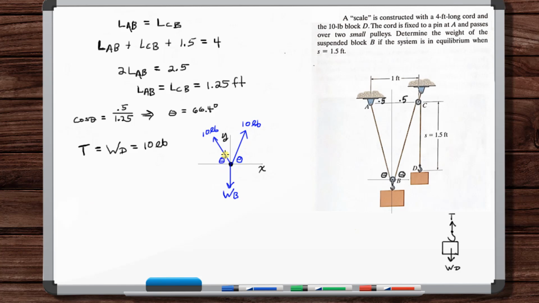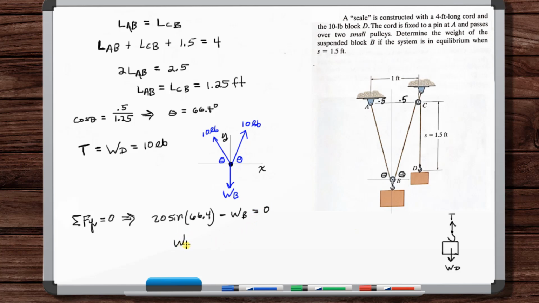Okay? So let's just sum the forces in the y. If we sum the forces in the x, we can see we're just going to get 10 pounds is equal to 10 pounds. So let's sum the forces in the y so we can solve for WB. So you get 10 sine theta plus 10 sine theta. So 20 sine of 66.4 minus WB is equal to 0.